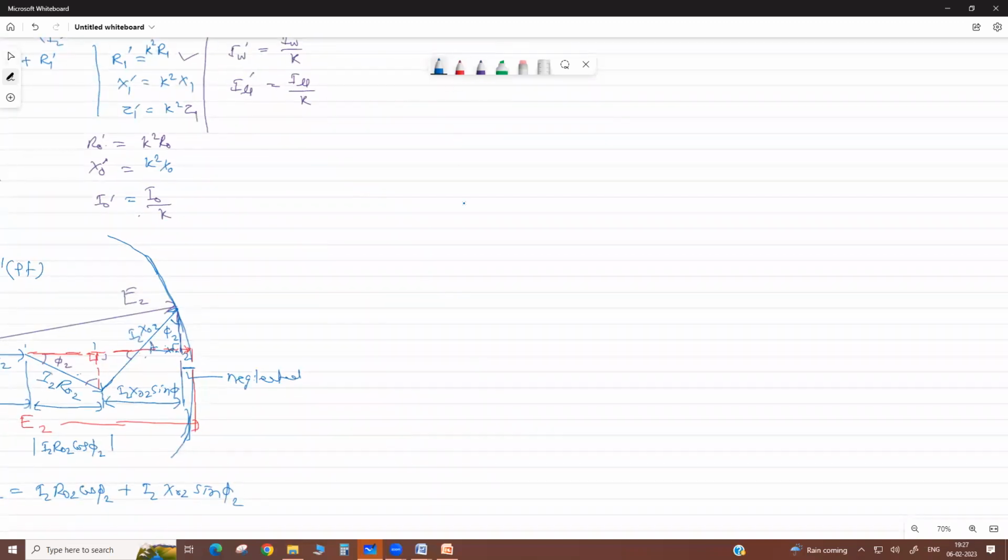Now at unity power factor, please read. It means cos phi 2 is 1. Then phi 2 equals cos inverse 1, which is 0 degree. Your phase angle is 0.